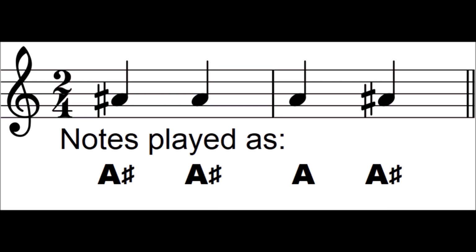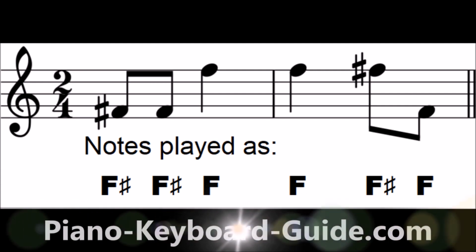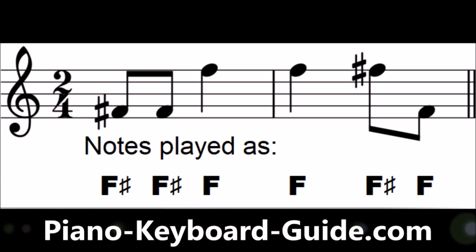For example, if a flat sign is placed before B, every other B in that measure would be B flat, unless a natural sign is added to other B notes in that measure.